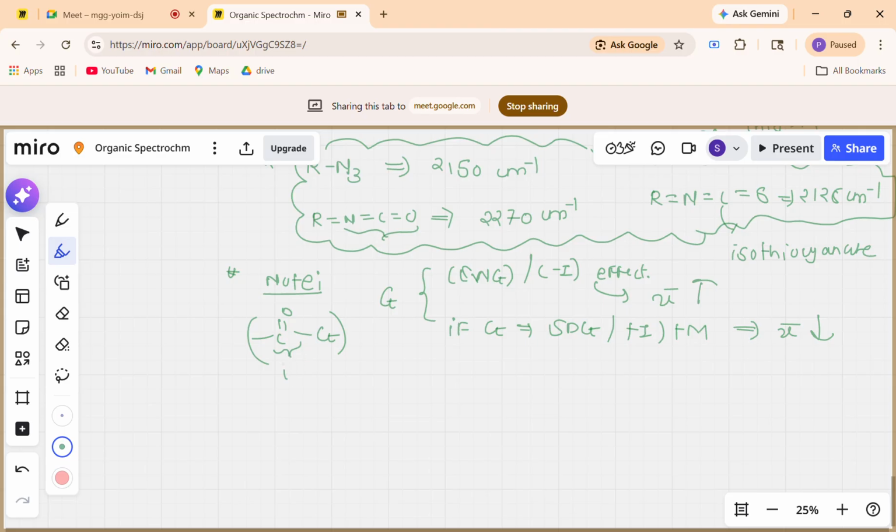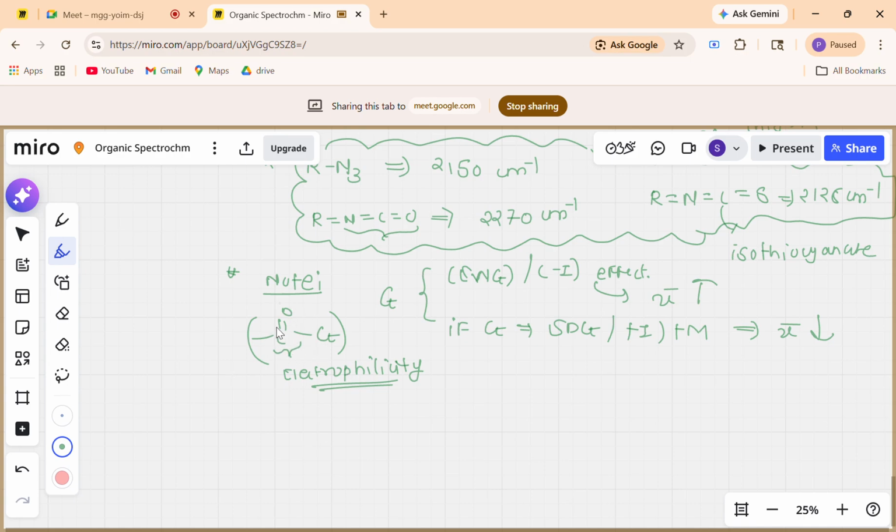And if this group is electron donating in nature or having plus I effect or plus M resonance effect, in that case your stretching frequency value will decrease, because in that case the electrophilicity of this carbon will decrease, right? So everything is played on the basis of the electrophilicity of this carbon.